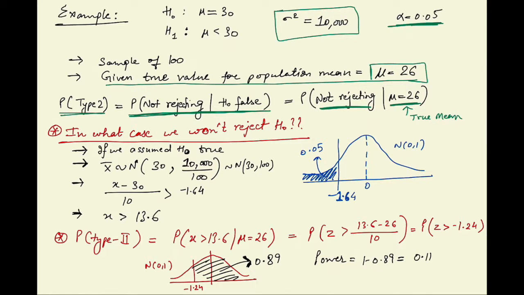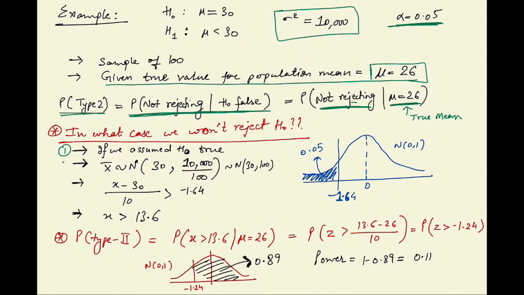So first we have to calculate in what scenario we would not reject the null hypothesis. So in what case we won't reject H0. Let's say we started our hypothesis testing, we assumed that H0 is true, and we collected a sample of 100.